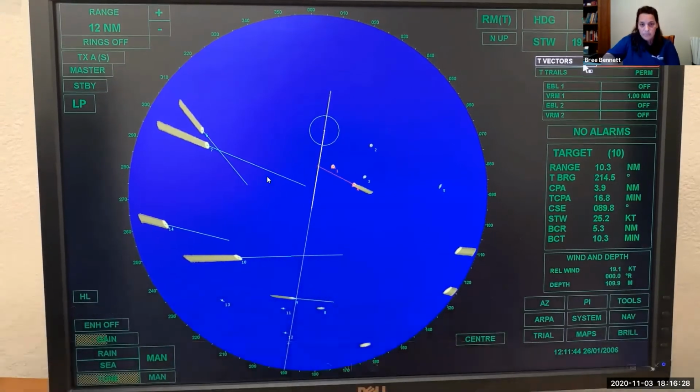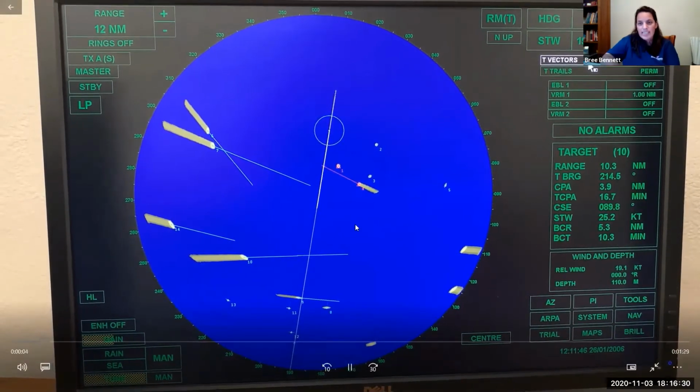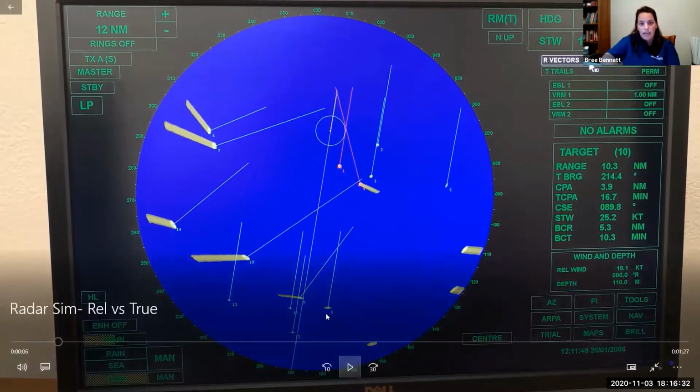So I'm going to push play. We can see different vectors. Okay, so I'm going to pause this one. This right here is our relative vector, what happens relatively. I'm right here, headed this direction. Relatively speaking, this guy is going to pass behind us.